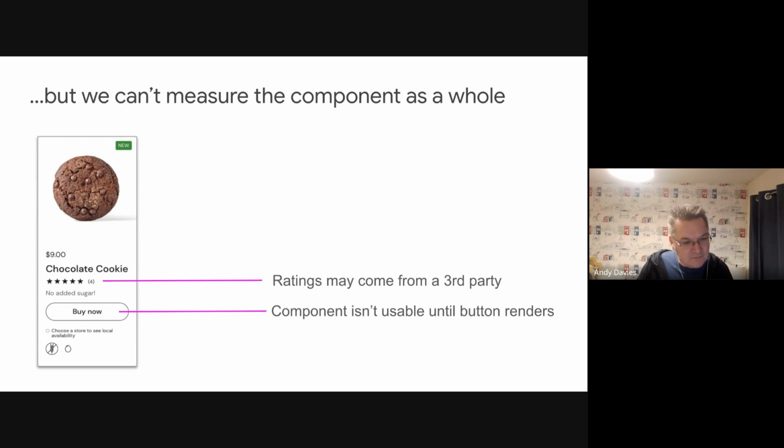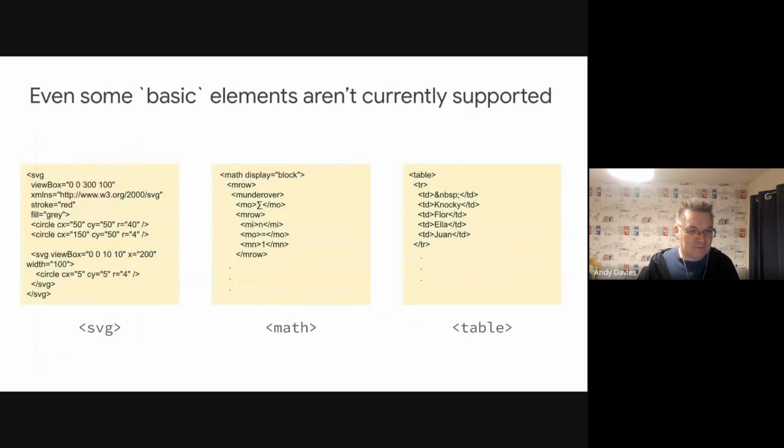actually is visible, or there are challenges in that all the content in the component may actually not come from the origin. So typically ratings often come from a third-party origin, and there's a question of how do we measure this component as a whole, and which bits of it can we effectively measure?